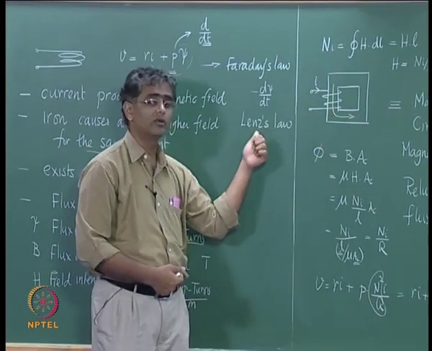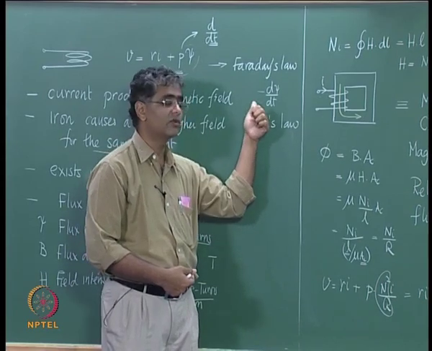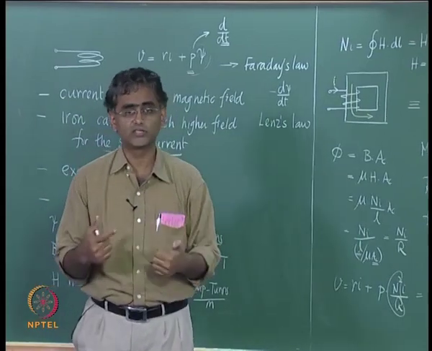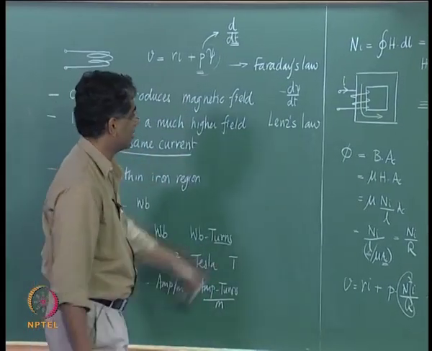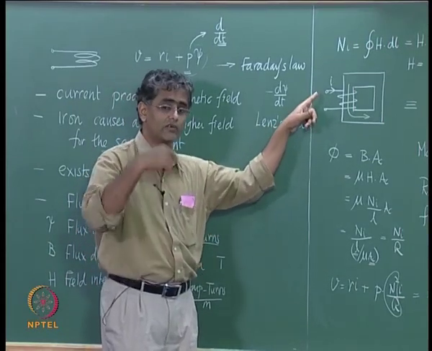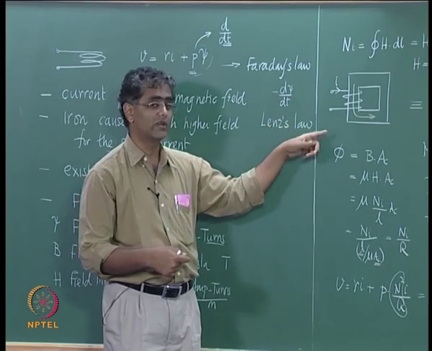This is the statement of Lenz's law. Lenz's law does not state that the EMF opposes the increase in flux. EMF does not increase, but if that EMF were allowed to circulate its own flow of current, then that will oppose the increase in flux.